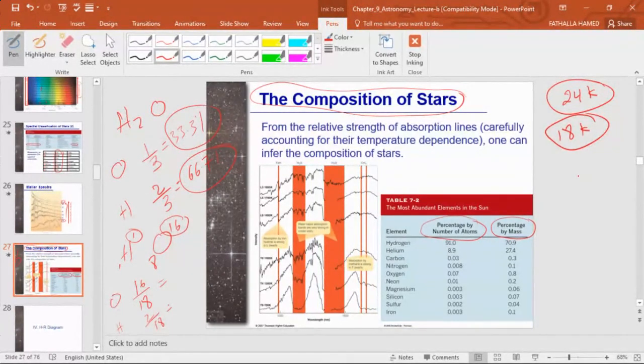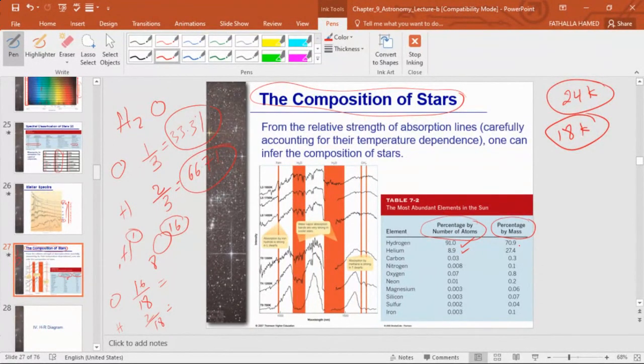Now they have changed to millimoles, because now they look at it in terms of atoms. So in the sun, if it's done atomically, then we'll say it is 91% hydrogen and about 9% helium.